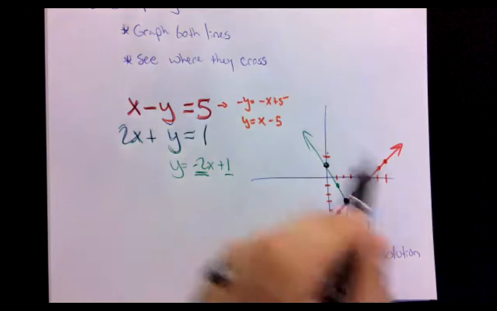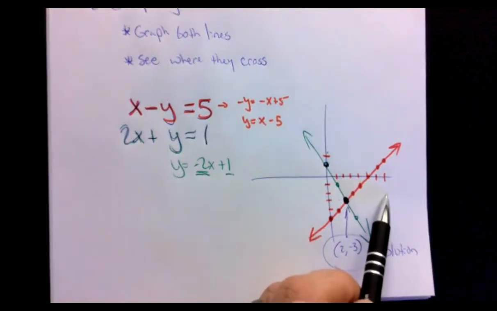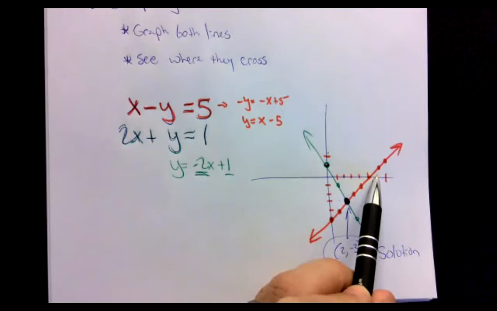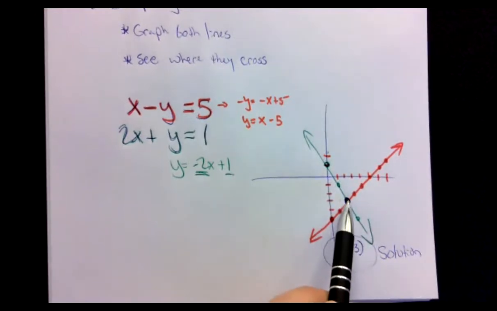Any of these other points in space, like anything not on the lines, will not work for either. Anything on the red line only works for the red. Anything on the green line only works for the green. So the only one point that works for both at the same time is this point of intersection. So that's what we're looking for.